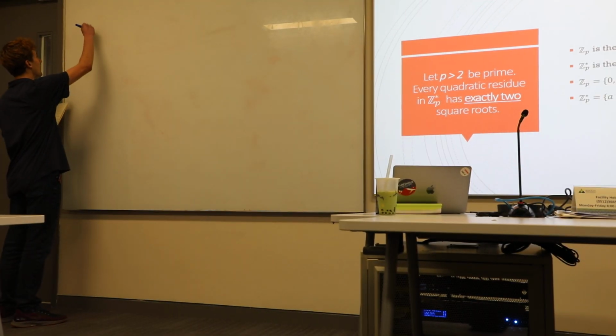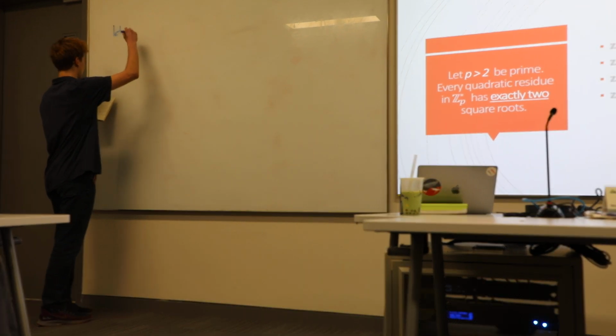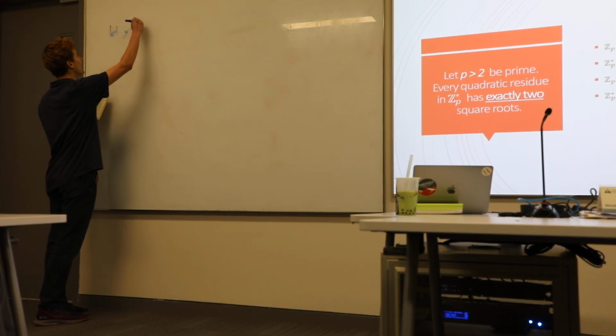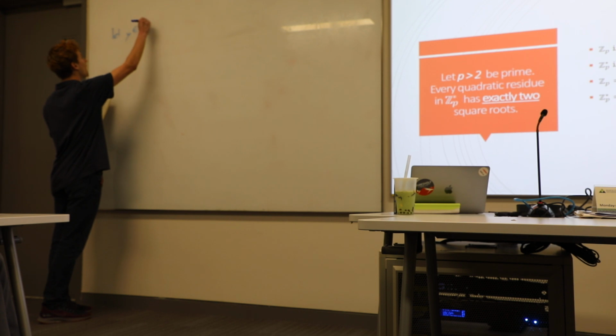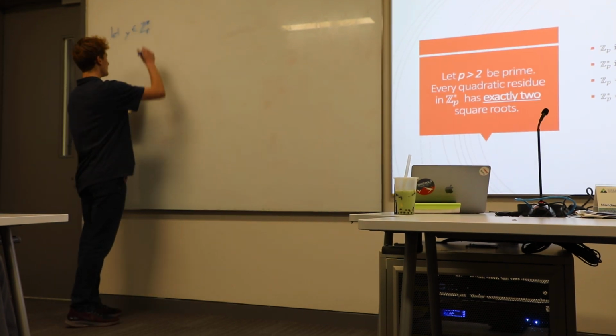First of all, we're going to let y in Z mod p star be a quadratic residue.